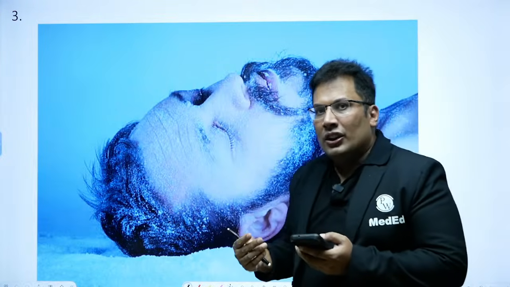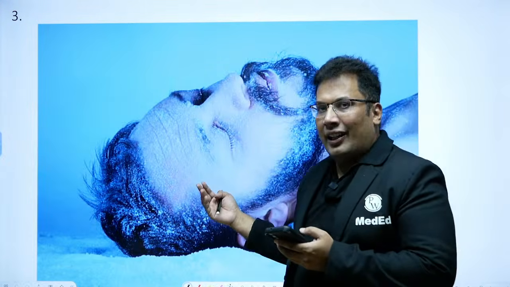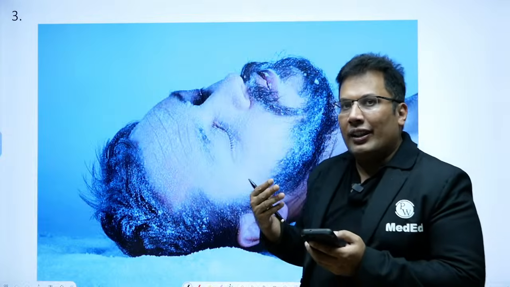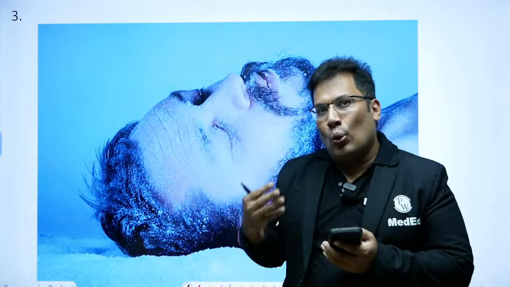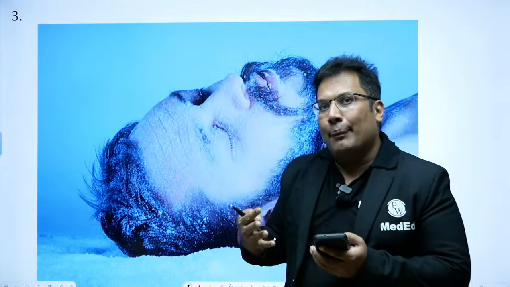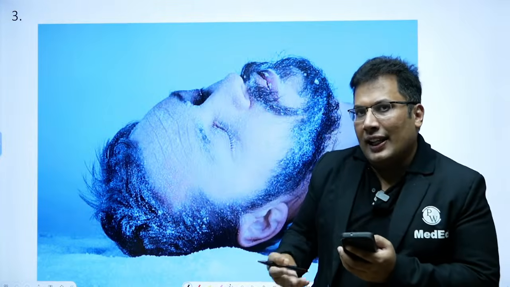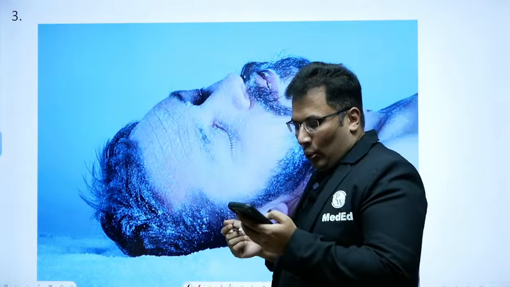Then comes one more important change that occurs in an extreme cold environment. When muscles are exposed to cold, there can be denaturation of the protein again, and we call it cold stiffening. So what is this? Cold stiffening.